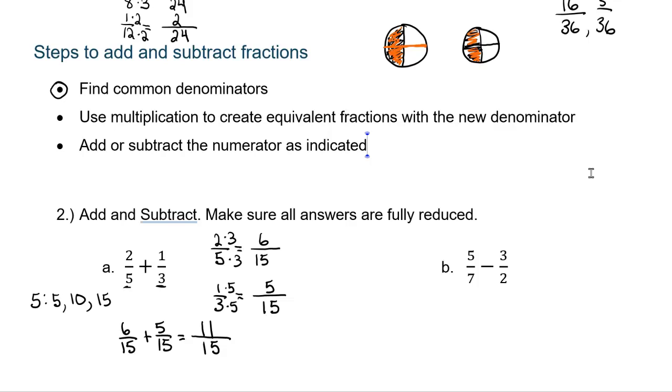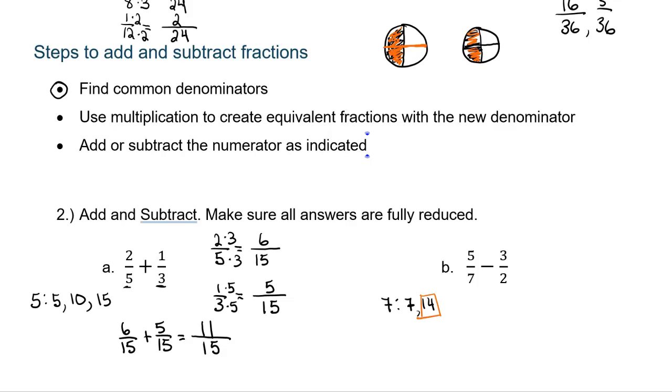I'm still going to follow my process for figuring out the lowest common denominator. So I take the biggest denominator, which is 7, and I do 7 times 1 is 7. Well, 2 does not go into 7. 7 times 2 is 14. Well, 2 does go into 14, so I know that my common denominator is 14.